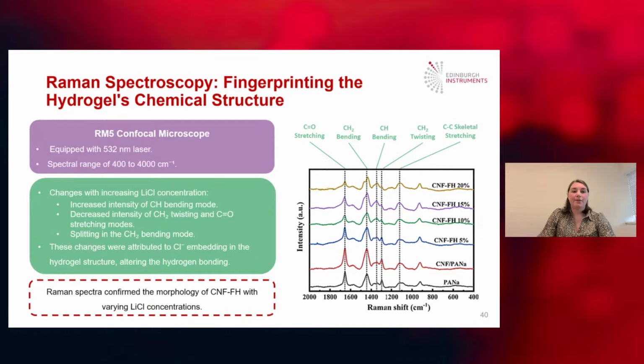All of these changes were attributed to the chloride ion embedding in the hydrogel structure and thereby altering the hydrogen bonding. So using Raman, they were able to confirm the morphology of their electrolyte, but also see the effect that varying the lithium chloride concentration had on the spectrum as well.